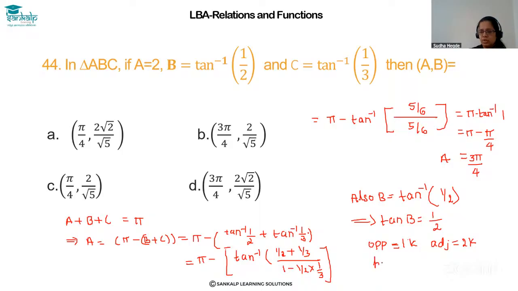Therefore, hypotenuse is equal to square root of 1k square plus 2k whole square. So that is equal to root 5 into k. Correct? 1k square plus 4k square, it is 5k square.